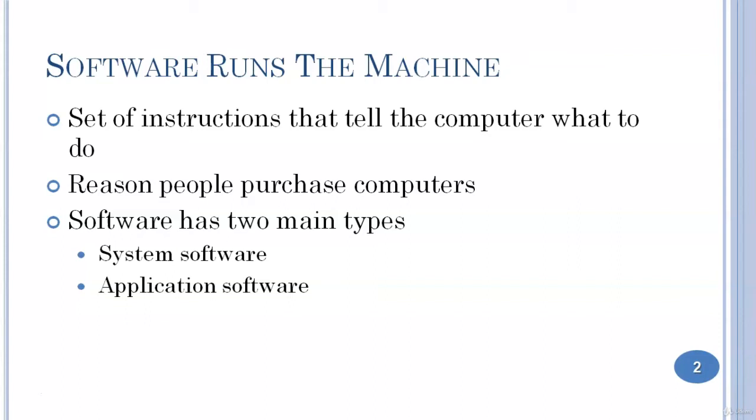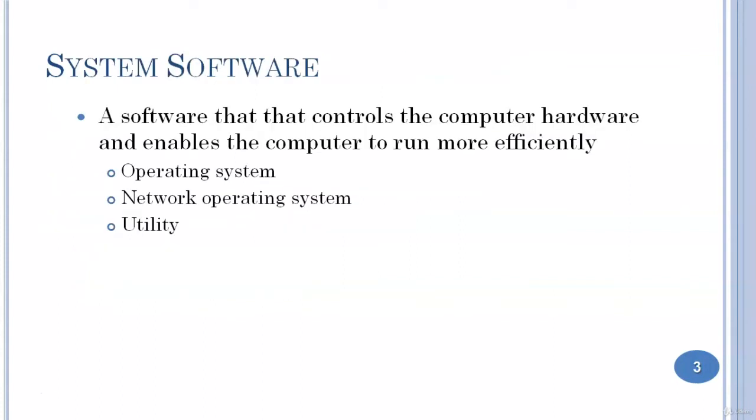So there are two main types of software. Number one, system software, and number two, application software. Now let's see what a system software is.